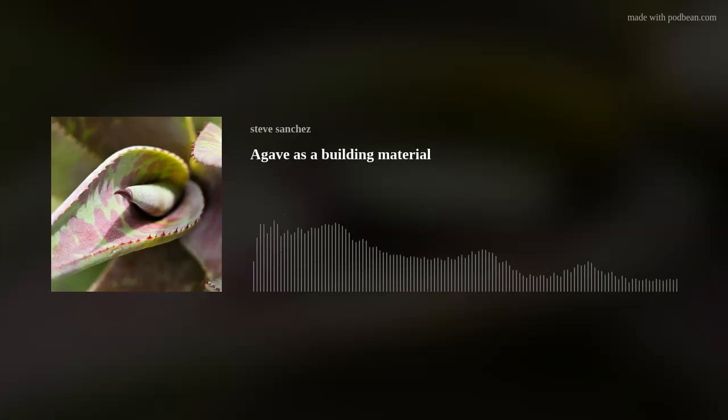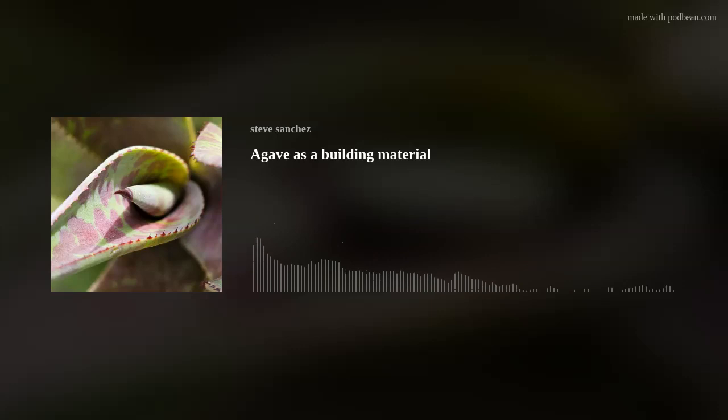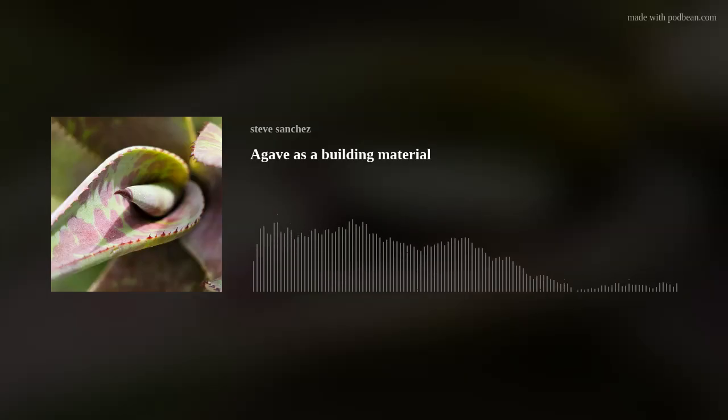And much like fiber rebar that's coming out a lot as a replacement to the steel rebar, you could utilize agave as a reinforcement on structures, not only the fiber, but the actual stalk.